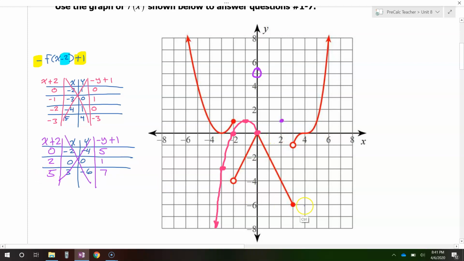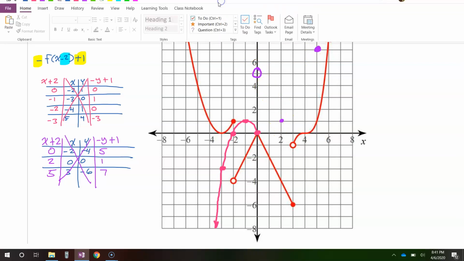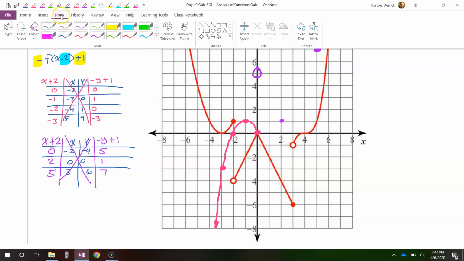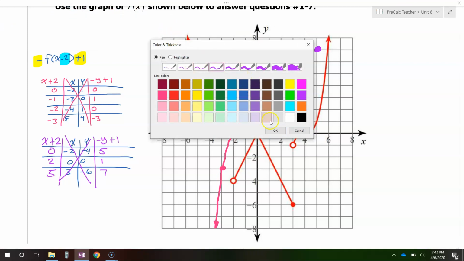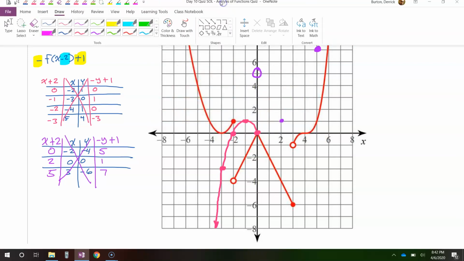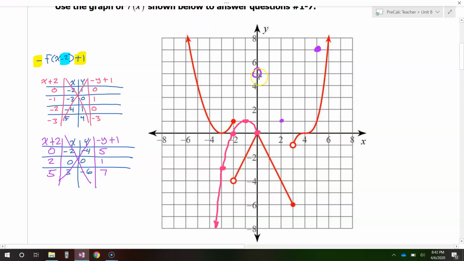And then finally, what happens to this closed circle? It becomes 5, comma 7. All right, so 5, comma 7 is right here. So now all we have to do is connect these dots, and that'll be it. I want this in purple, so I'm just forcing it to be purple.